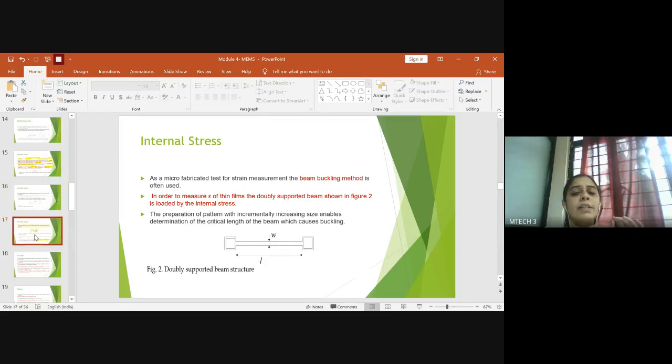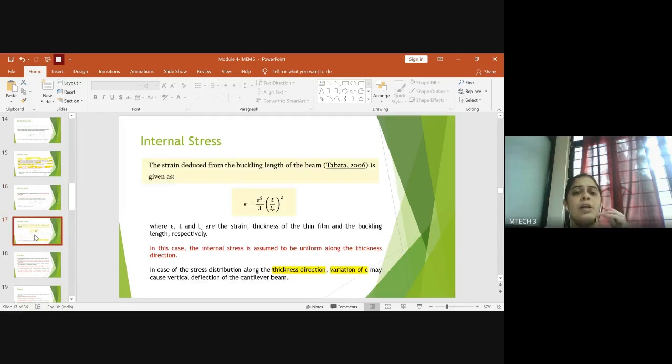When it is a doubly supported beam structure, how to evaluate the strain induced in the body was given by Mr. Tabata in 2006. You should tell that. Then later you have to tell that he experimented in actual, got the data, and also varied the thickness and the strain to check the stress distribution across the given MEMS device, right?